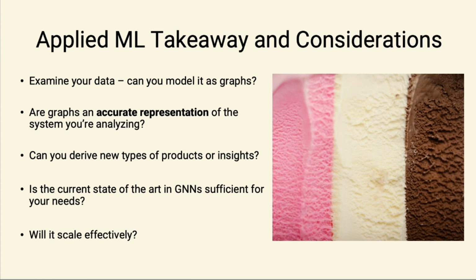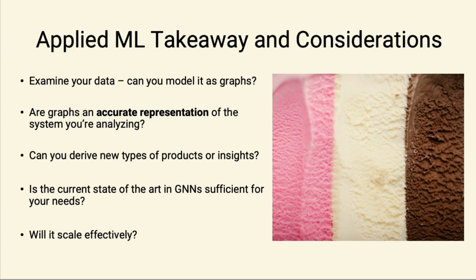What are the key takeaways from this? As an applied ML scientist, or if you're in the industry and you have some data, one thing I would encourage is to examine your data and see if you can model it as graphs. Because sometimes we have a lot of data and we are using it in certain ways, but there is more that could be done with that data.